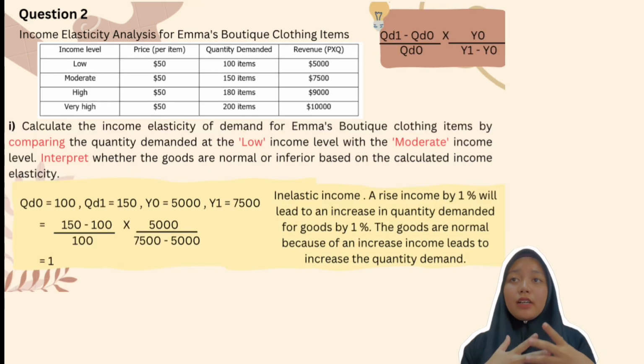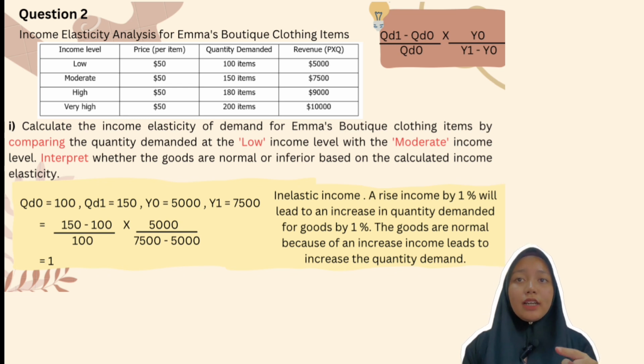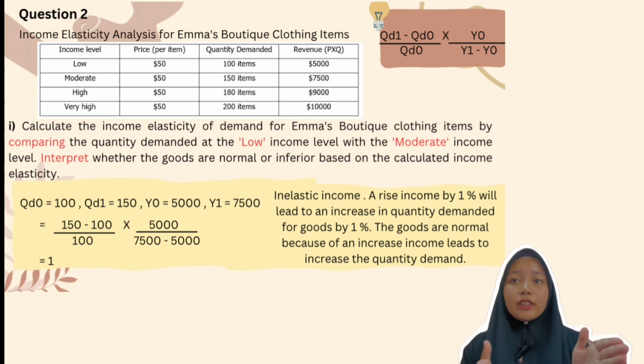Okay, let's move to the answer for 1 Roman. QD0 equals 100, QD1 equals 150, Y0 equals 5,000, and Y1 equals 7,500. Okay, we just need to put the info into the formula. 150 minus 100 divided by 100 times 5,000 divided by 7,500 minus 5,000.